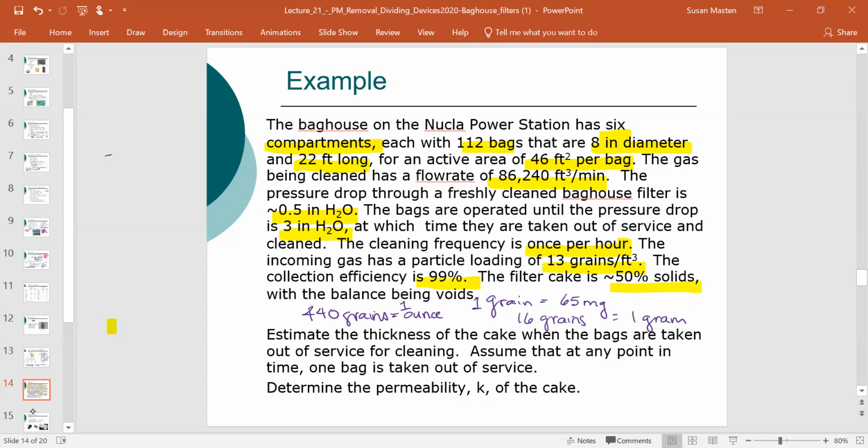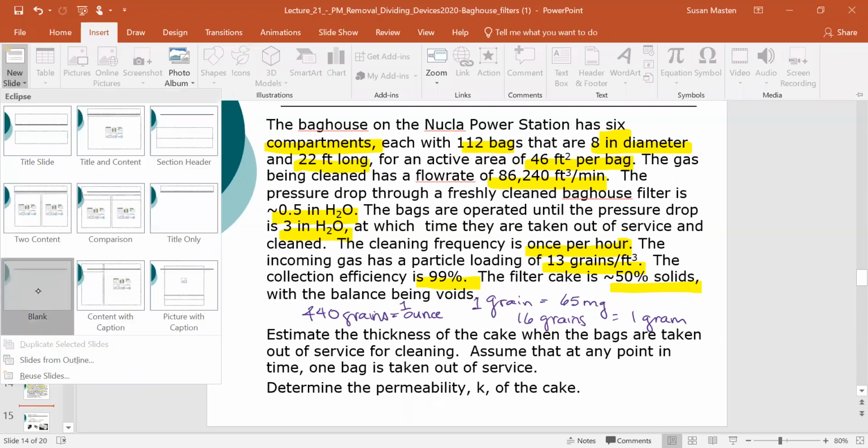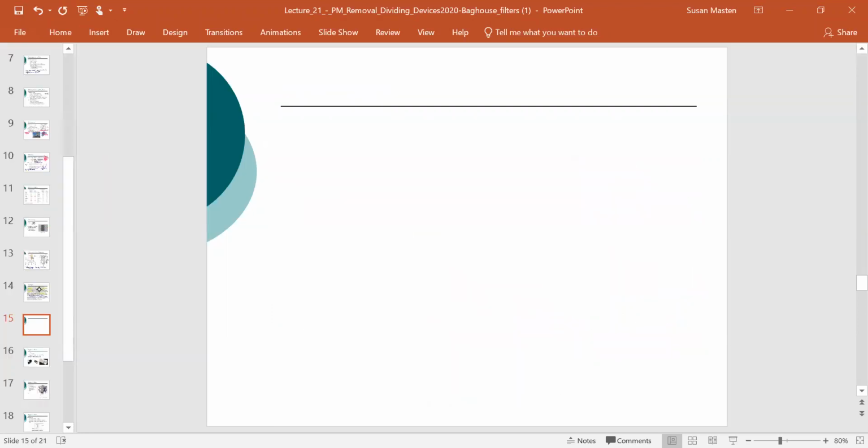So let's look at this problem, and I'm going to add in a new slide. So what do we have? We've got 112 bags, 8 inches in diameter, 22 feet in length, and an area equal to 46 feet squared per bag.